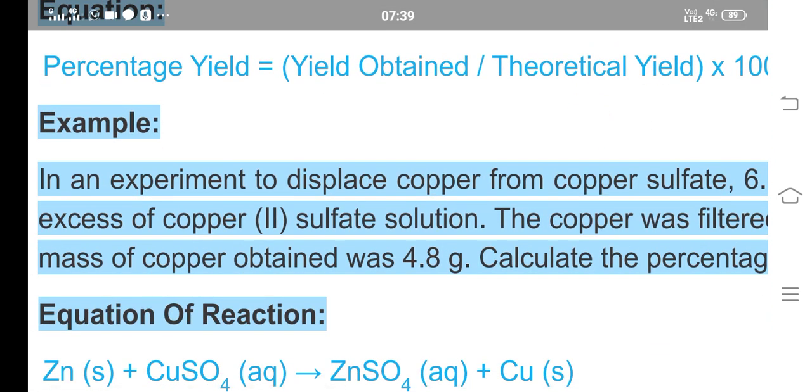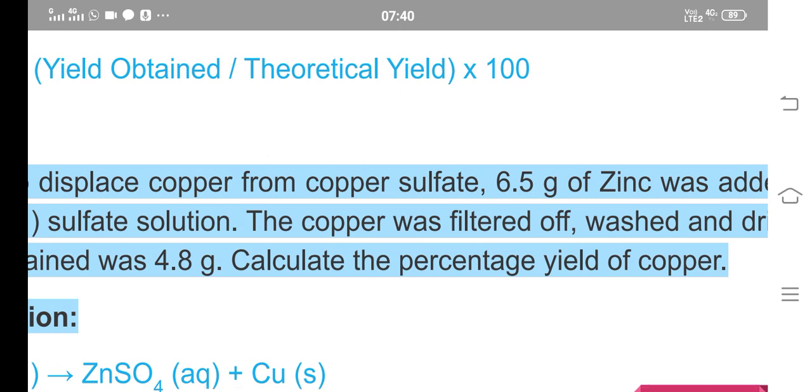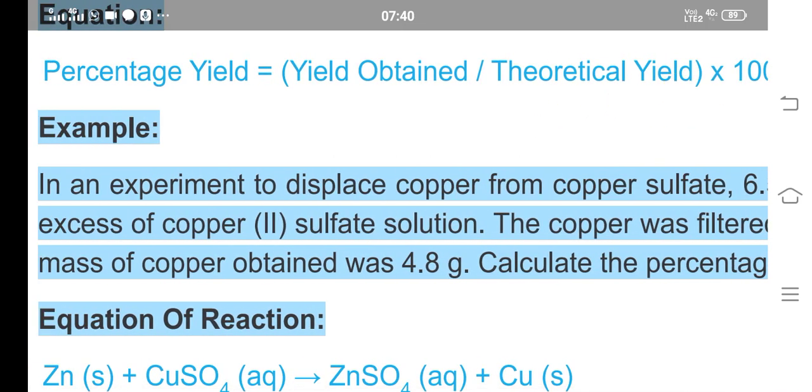So the example is, in an experiment to displace copper from copper sulfate, 6.5 gram of zinc was added to excess of copper sulfate solution.